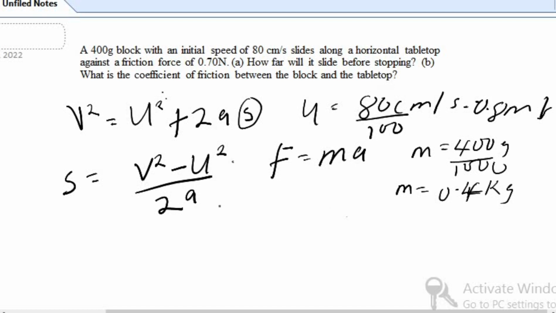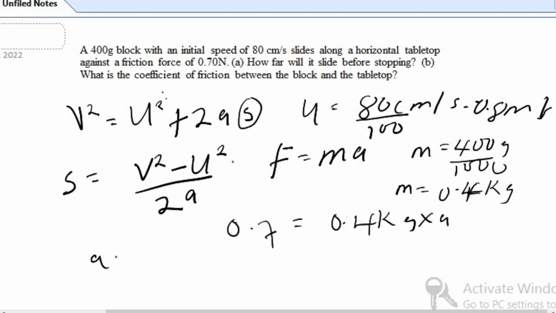And we already have force, which is the against force, that's negative force, because it is acting against the motion, so it is negative force. So F is equal to minus 0.7, which is equal to mass, 0.4 kilogram, multiplied by a, and we make a the subject of the formula.